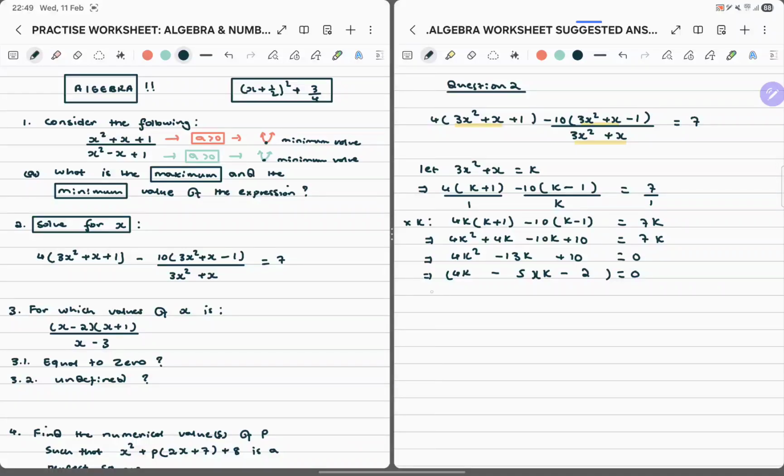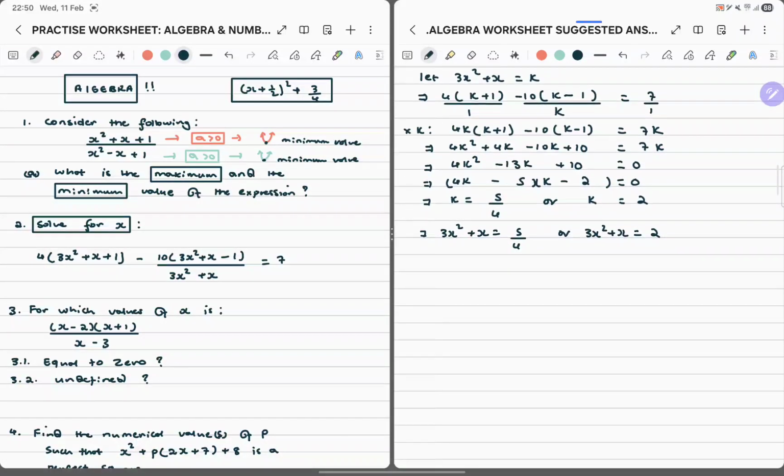Now, what are we going to do here? We know that from here we understand that k is going to be 5 over 4, or k is going to be 2. Right, so this implies further, what was k? It's 3x squared plus x is 5 over 4, or 3x squared plus x is equal to 2.